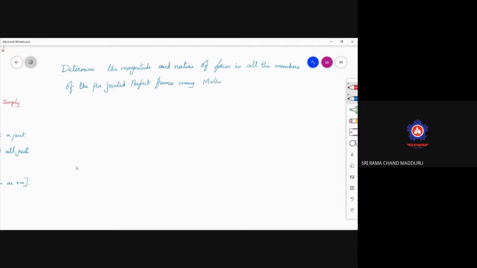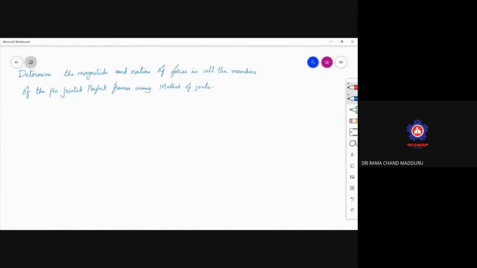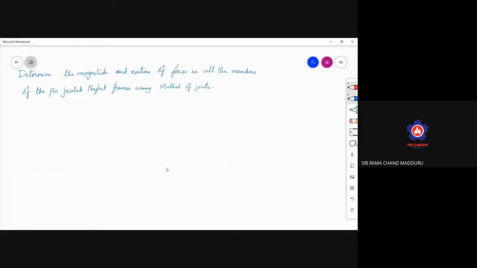In general, it will be specified by which method you need to solve the problem. Otherwise, you can choose any of the methods to analyze the member forces. So it is mentioned as using method of joints, you need to calculate the force that is there in each member, right? So note the problem.